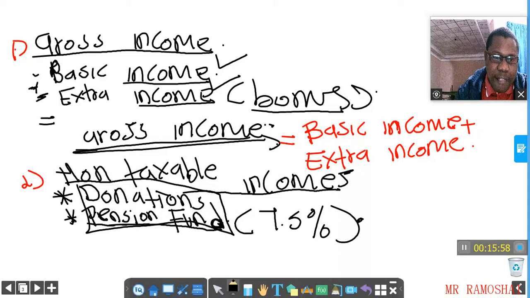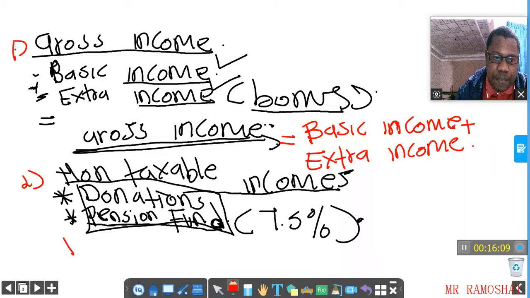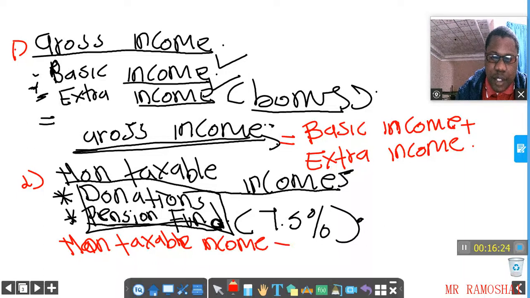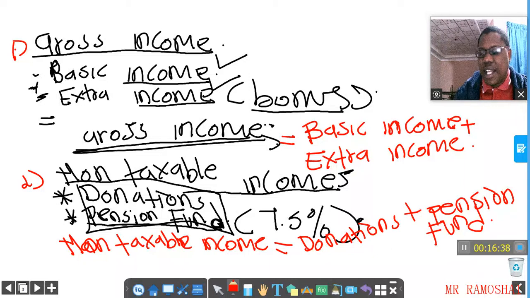We go to, okay, so non-taxable, let me use the red one. Non-taxable income is equal to donations plus pension fund.